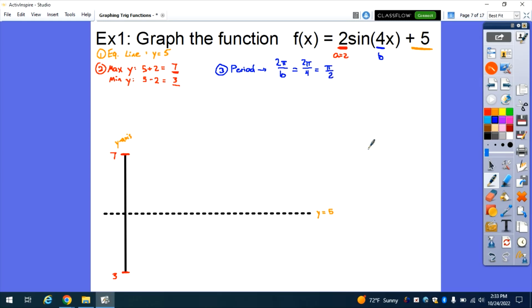Now, what does that tell us? This is the end of our graph, which means that this is our last x value. So the last x on our dashed line here is pi over 2.